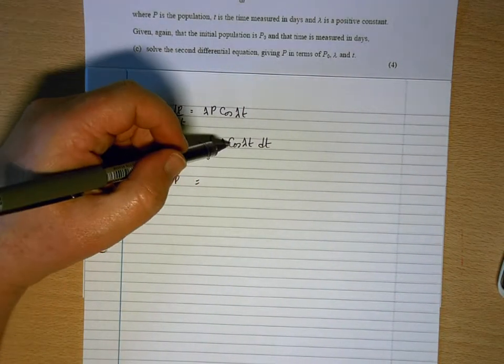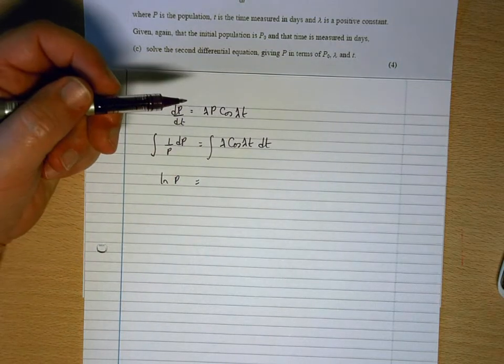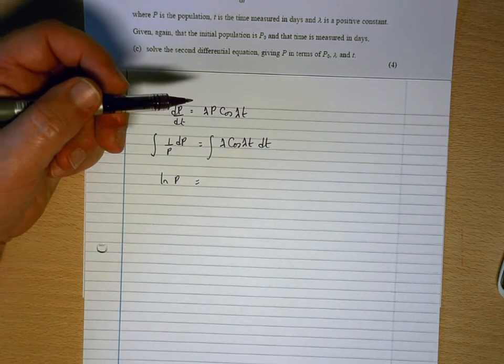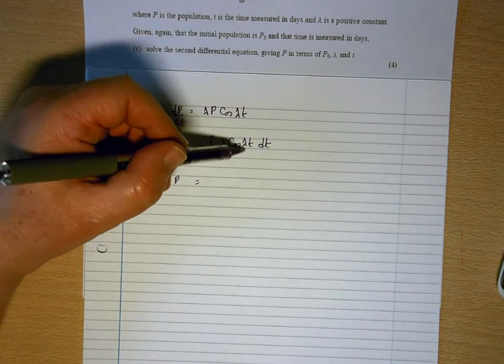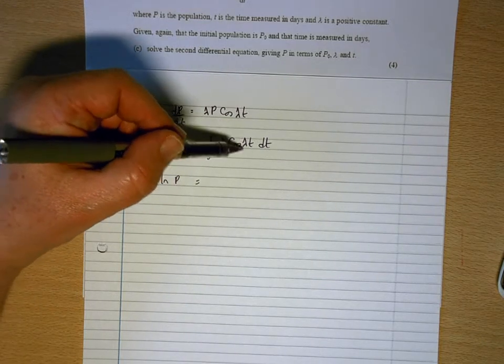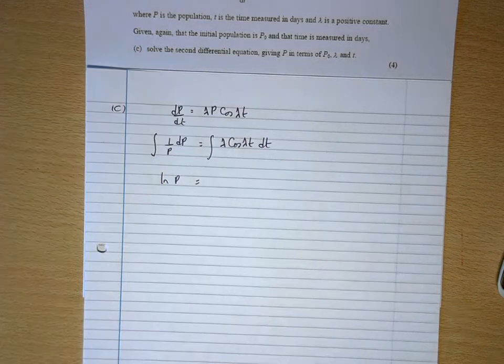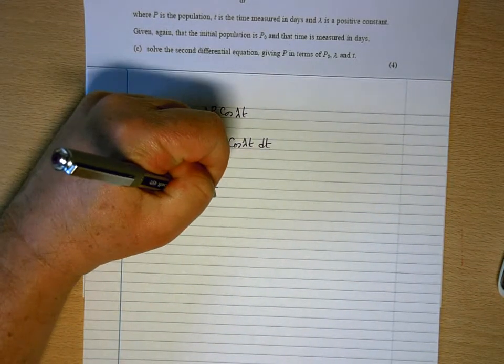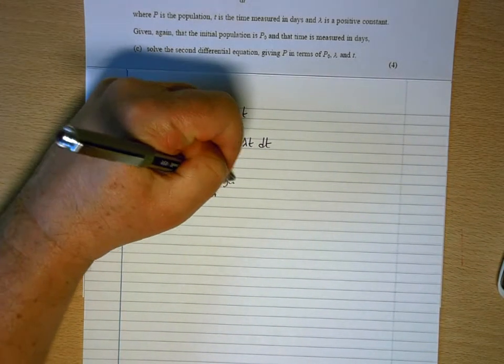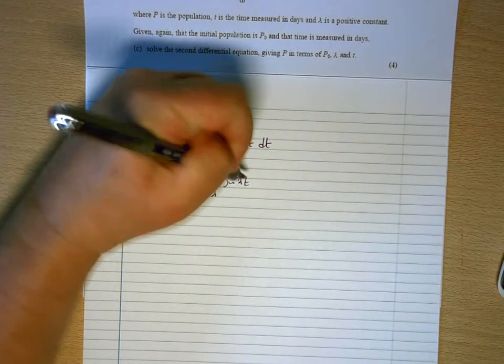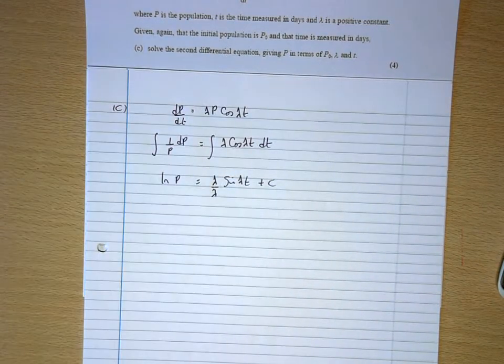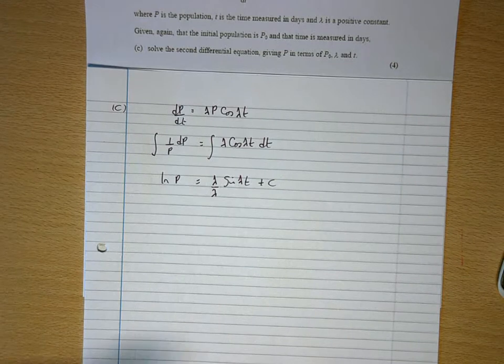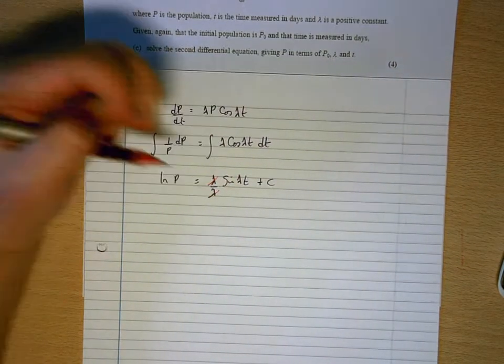When I integrate cos, I get sine. Because it's cos of a constant t, I divide by the differential of that, which is your reverse chain rule. So this side becomes lambda over lambda sine lambda t plus some constant. So the lambdas are going to cancel.